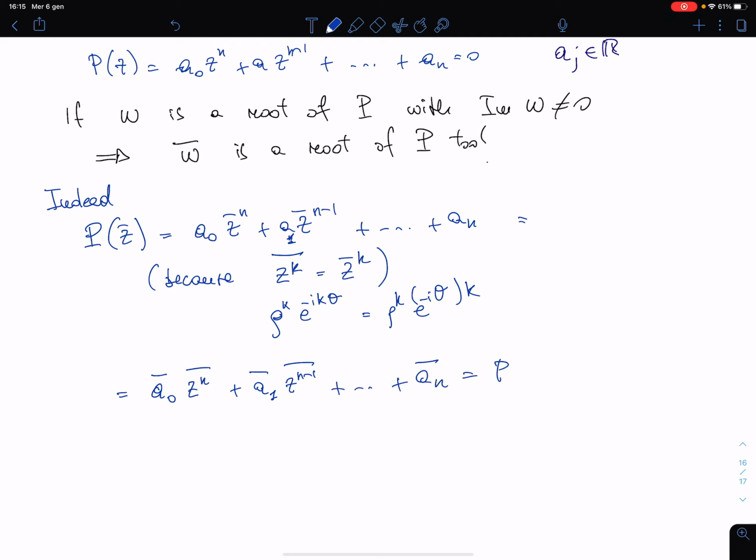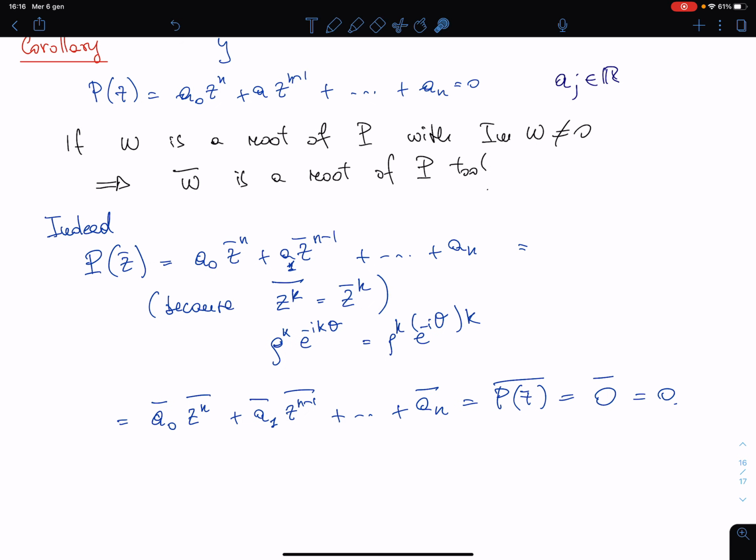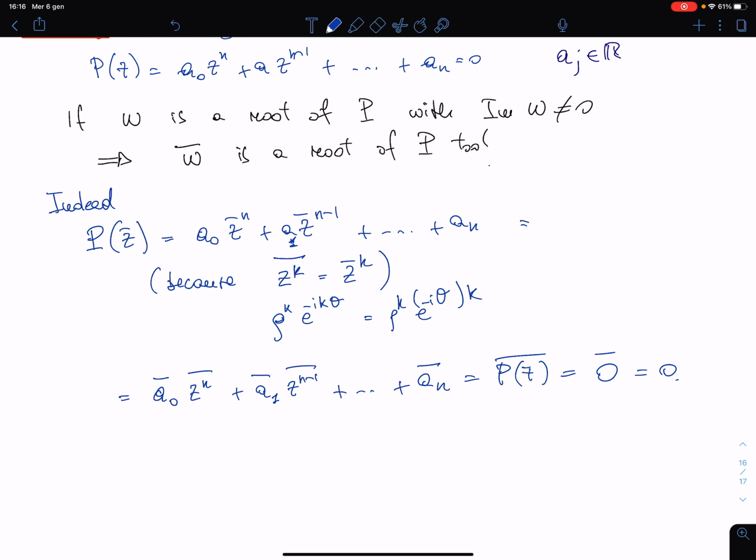So this is P of zeta bar. But P of zeta is 0 because zeta is a root, so it is 0 bar and this is 0. So if you have a real polynomial, then complex roots appear together with their conjugate. Okay, we will use this corollary.